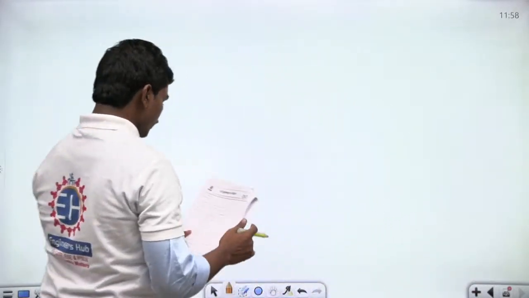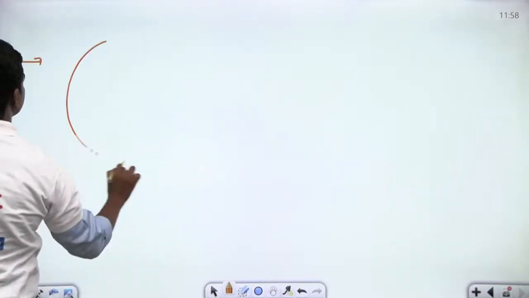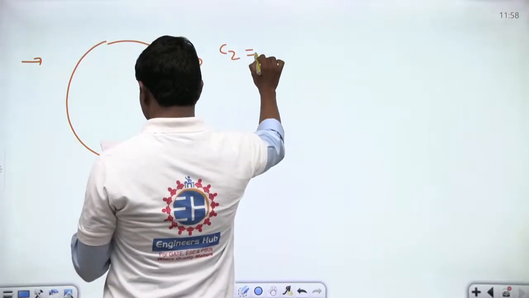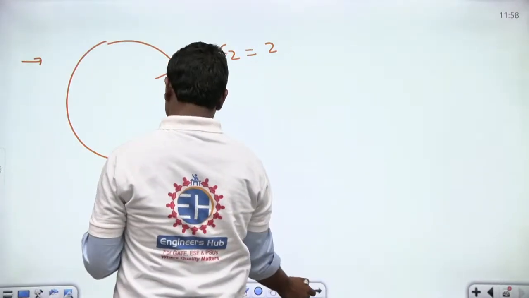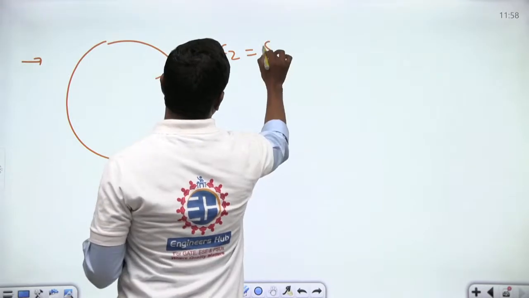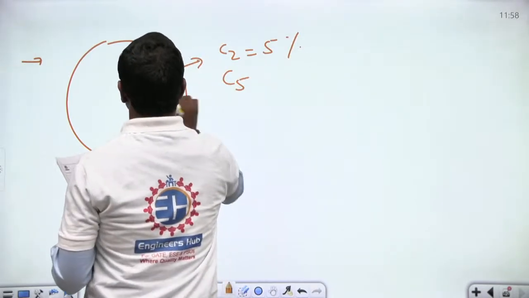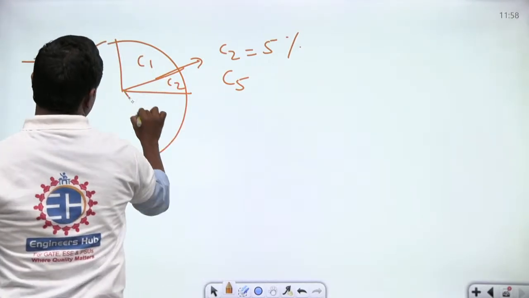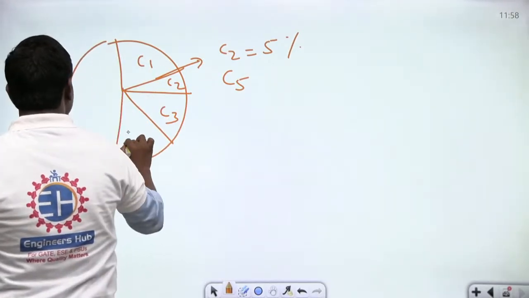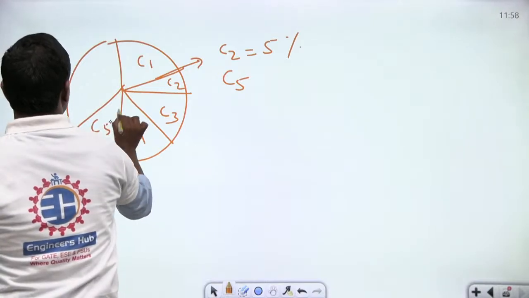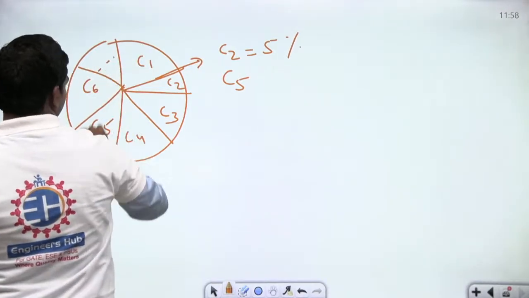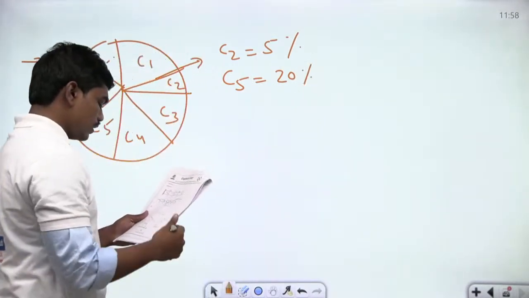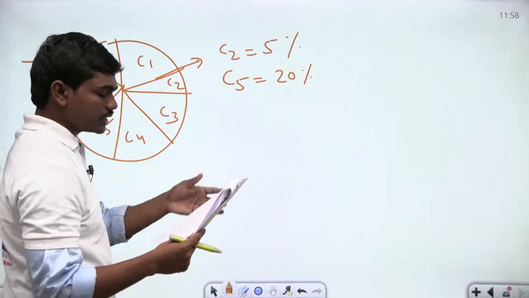Next, there is one question from aptitude also. A circular pie chart is divided into certain portions where the component C2 contains 20% of the total population, and C5 contains 5%. So basically it's divided into some populations. This is C1, C2, C3, C4, C5, C6 and so on. The point of importance from this data is 20%. They have asked about executives and non-executives in this case.